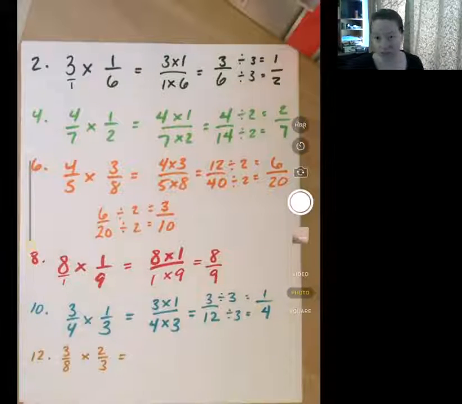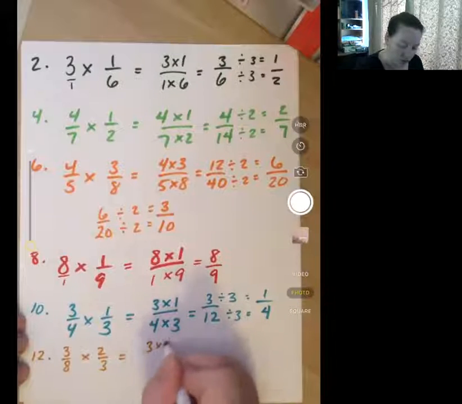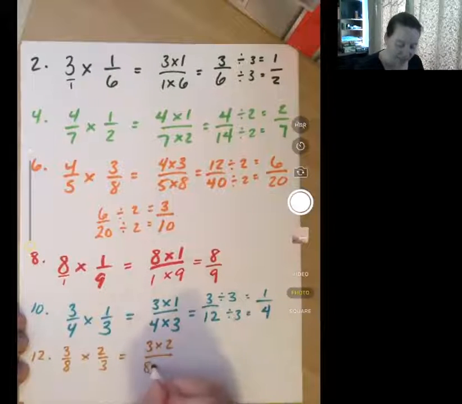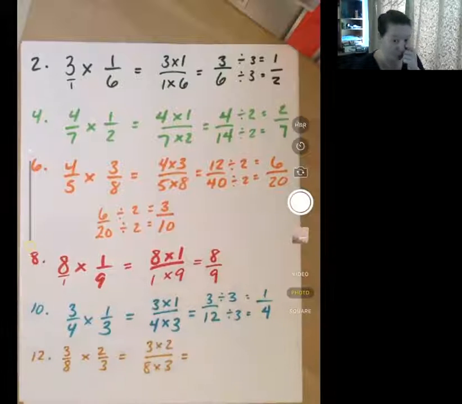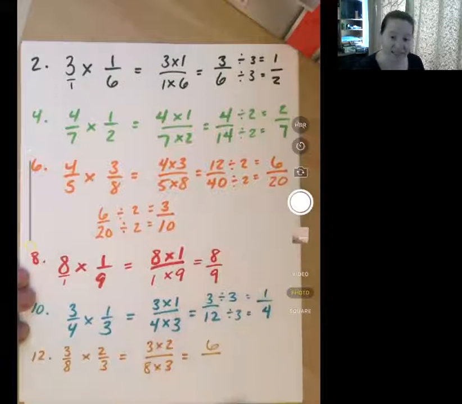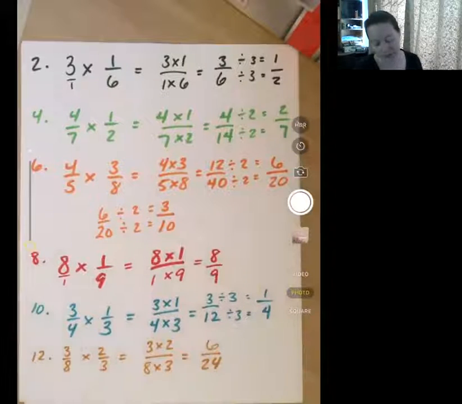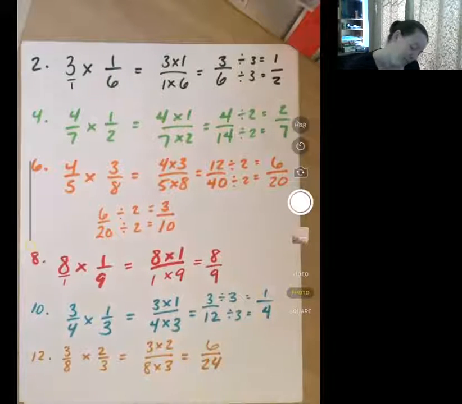So we are still going to be multiplying. 3/8 times 2/3. 3 times 2 goes on the top. 8 times 3 goes on the bottom. 3 times 2 is 6. 8 times 3 is 24. Ooh, okay. No, we can take stuff out of that. So our choices are 2, 3, and 5. They're both even, so I'm going to take out a 2.